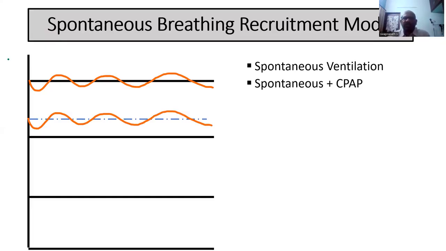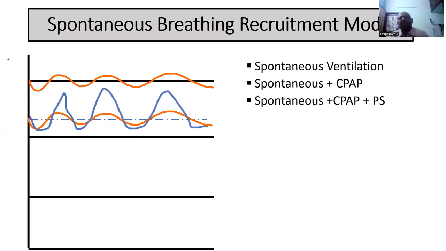This is spontaneous plus CPAP. Now I give a little pressure support in that spontaneous mode, so his tidal volume is going to get a little bit better. When I'm in CPAP, the solenoid valve pressurizes the entire circuit.